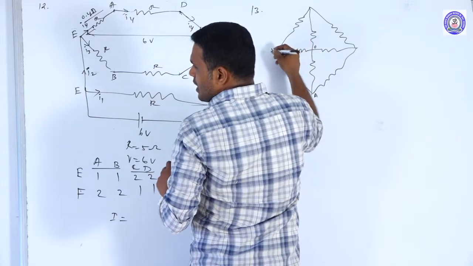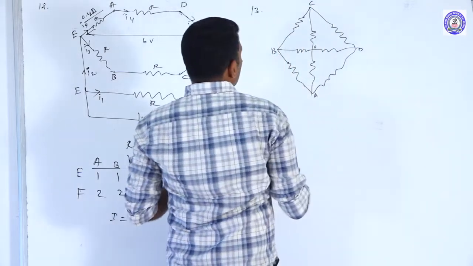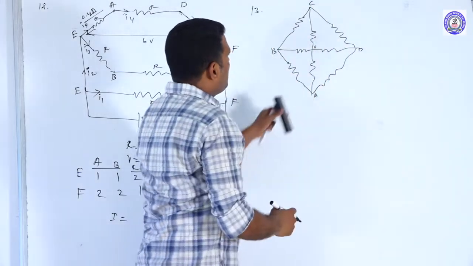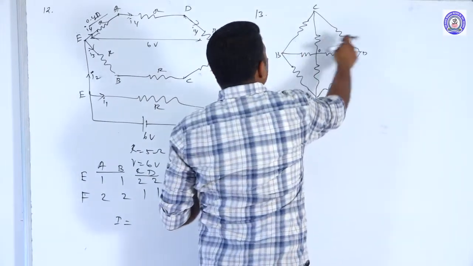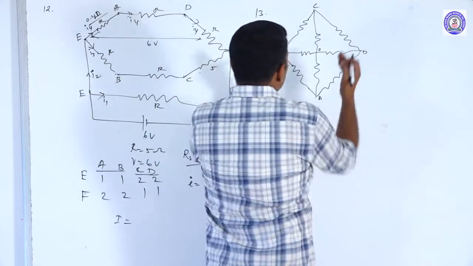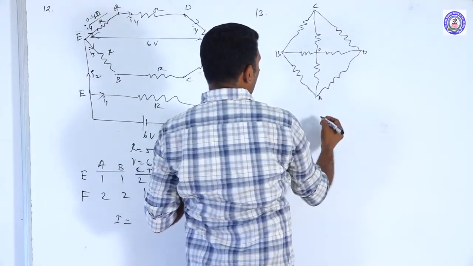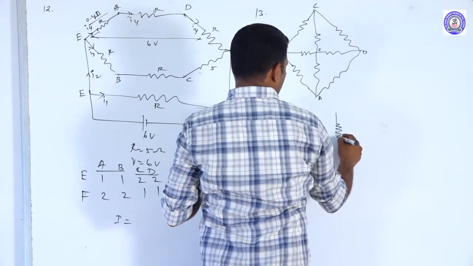All the resistances are R. This is BCD. As the circuit is symmetrical about this particular line OA, B and D are at the same potentials. So we can reconstruct the diagram in this form. I am taking this as the reference line.